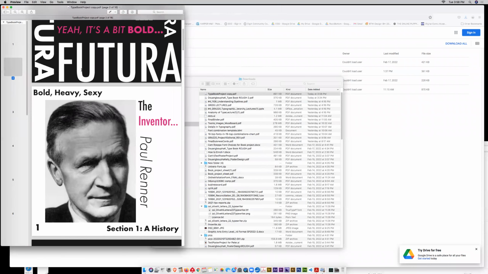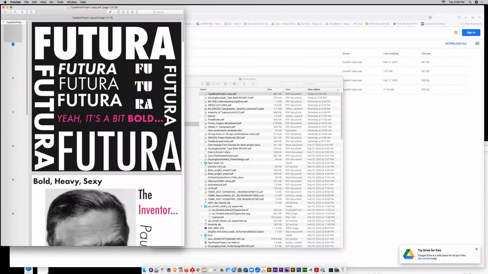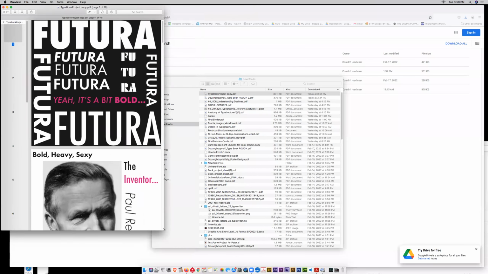I may be able to have this view side by side, but to do so, I think I'll have to take the cover out. So we'll take a look at the cover as it sits, and then if I can get the pages to go side by side, we'll remove that.